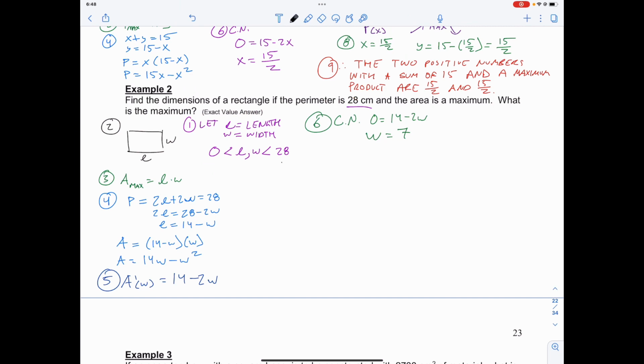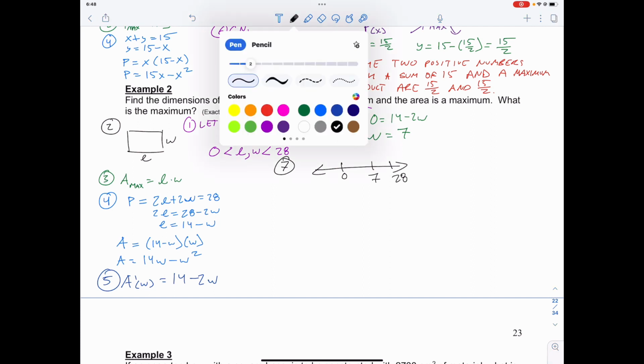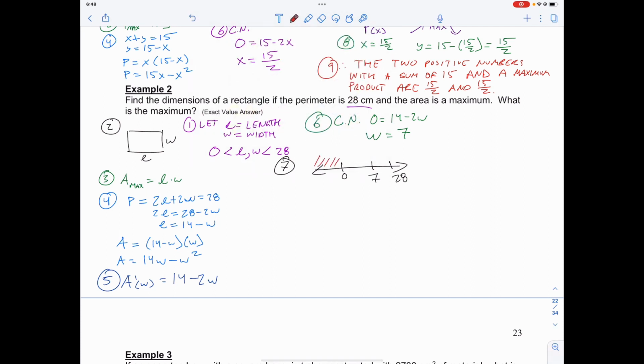I'm going to do my first derivative test. I'm going to pick my test points. 1, 10 again.